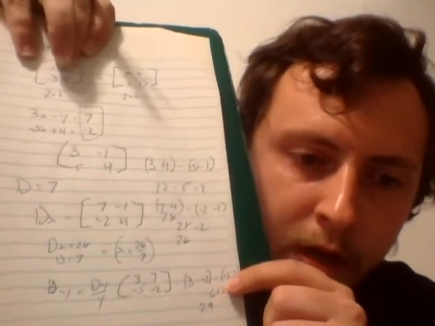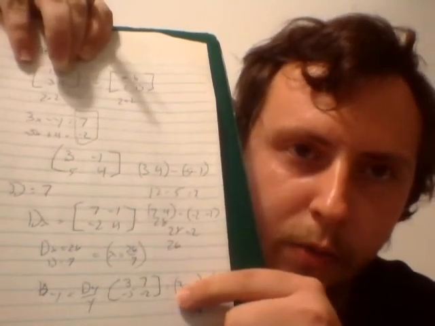That's your dy. Then the final result will be dx over d, dy over d, which is going to be 26 over 7, 29 over 7, and that will be your answer.